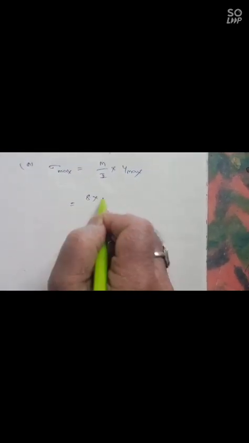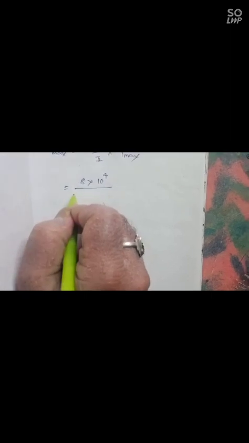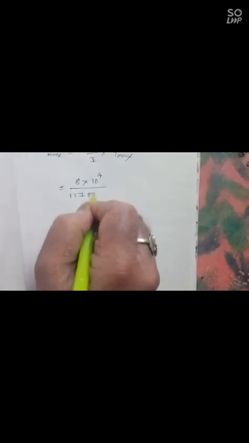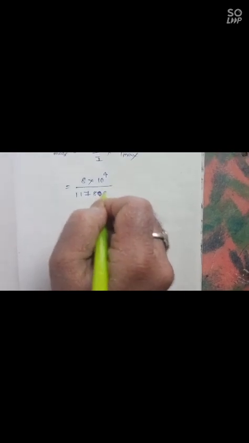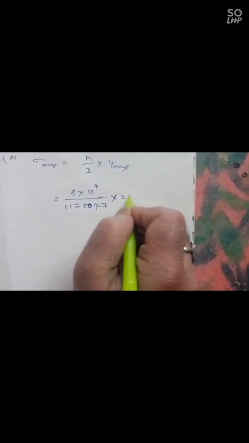So M we have calculated as 8 into 10 to the power of 4, divided by the I value 1,17,809.7, into y maximum, which is 20.